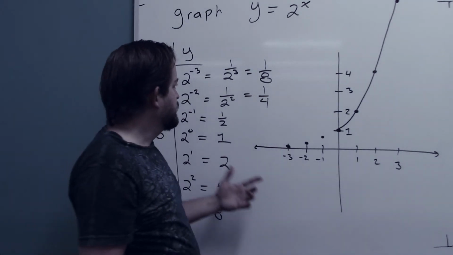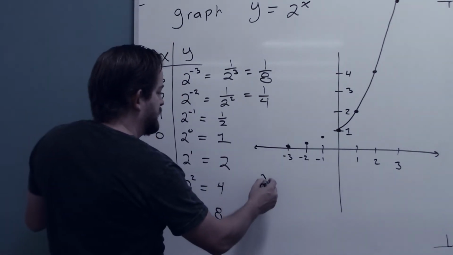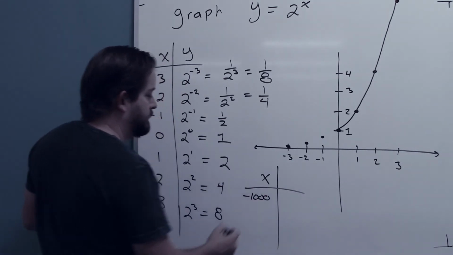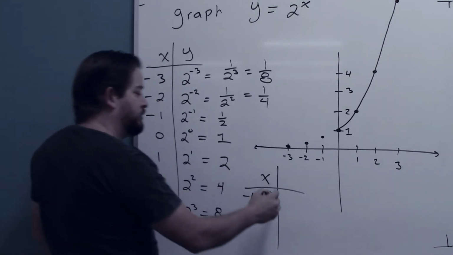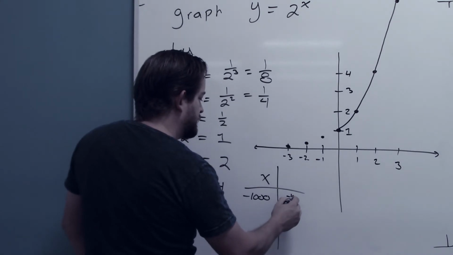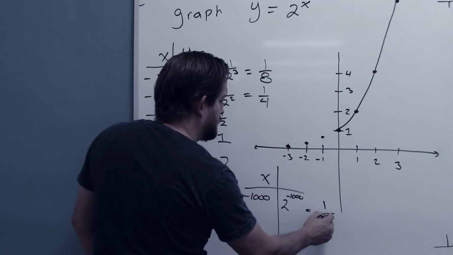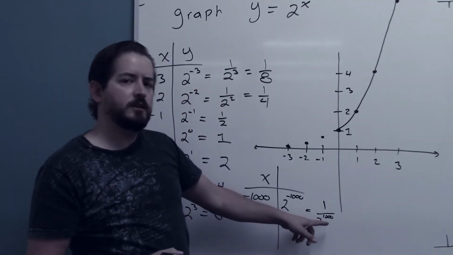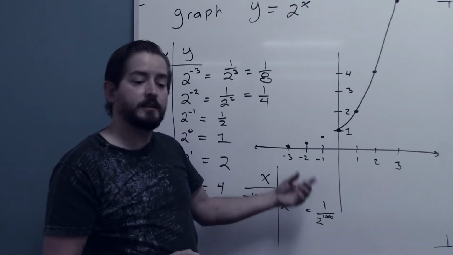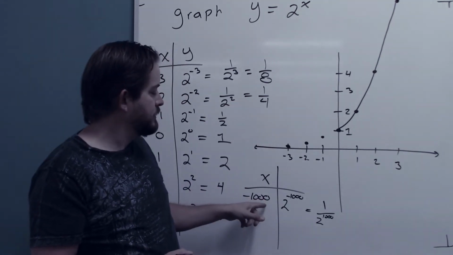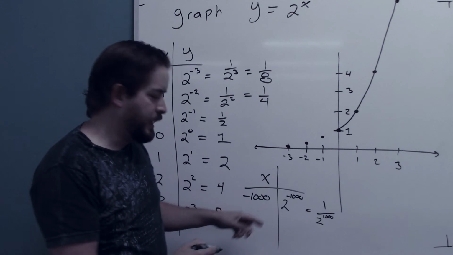But even if I were to try, let's say x is negative 1,000, well, y would be 2 to the negative 1,000, but that's just 1 over 2 to the 1,000, right? 2 to the 1,000 is a huge number, and 1 divided by that is a very small number, but it's still positive, right? You'll never actually be able to get a negative number.